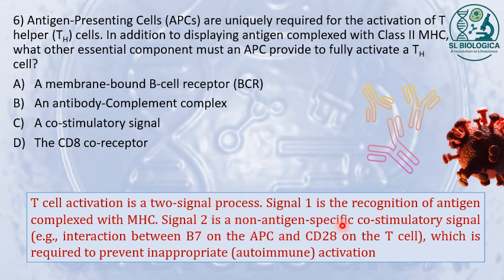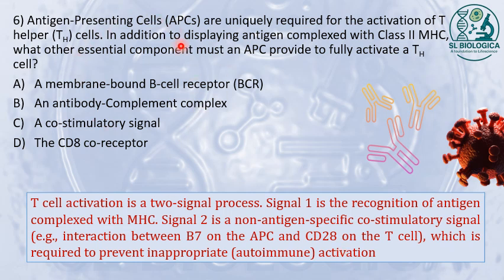It is actually a non-antigen specific, co-stimulatory signal, which involves some receptors on the antigen presenting cell as well as some receptors on the T cells, which bind in addition to the antigen presentation. An example is the interaction between the B7 receptor on the antigen presenting cell and the CD28 receptor on the T cell, and this is required to prevent inappropriate activation or autoimmune processes.